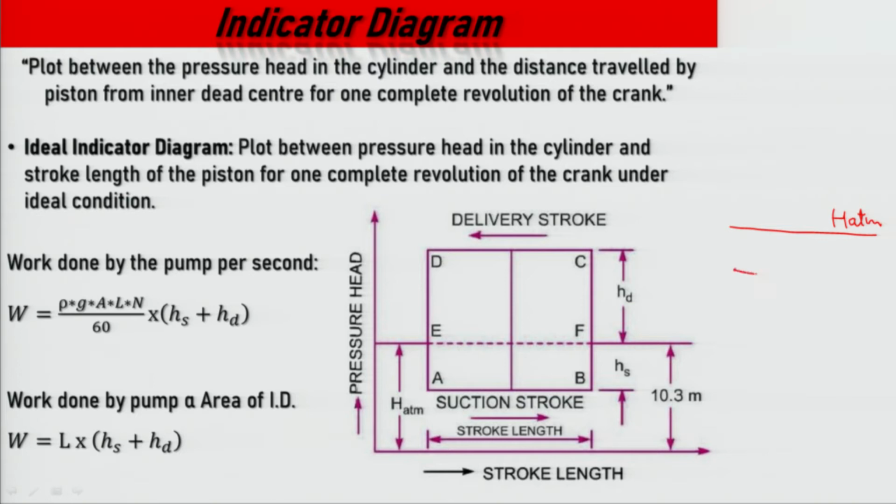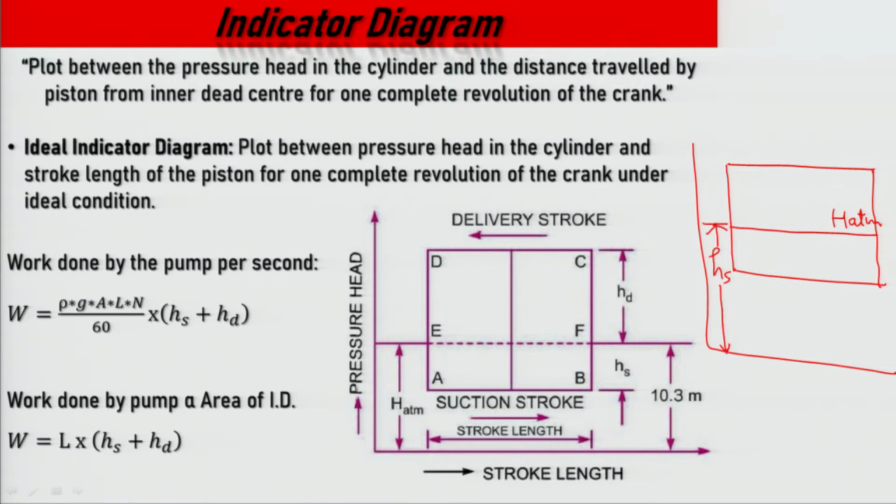Below this is the suction, above this is the delivery. This is the diagram. This is the H s suction, this one is the H atmospheric, and this is the H d.